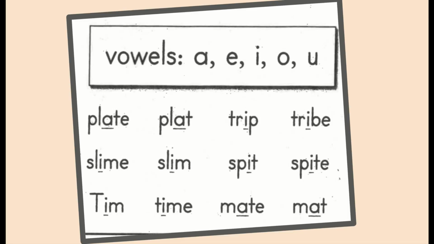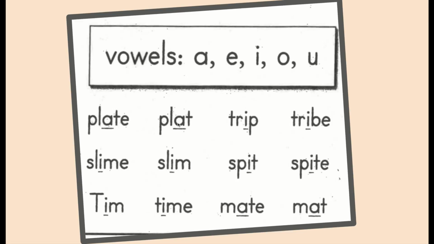Now let's practice our magic E rule. If a word has an E at the end, the middle vowel says its name and the E is quiet. Use the rule to read these words. Remember, our vowels are A, E, I, O, and U. Ready? E at the end, the vowel says its name, A. Plate.